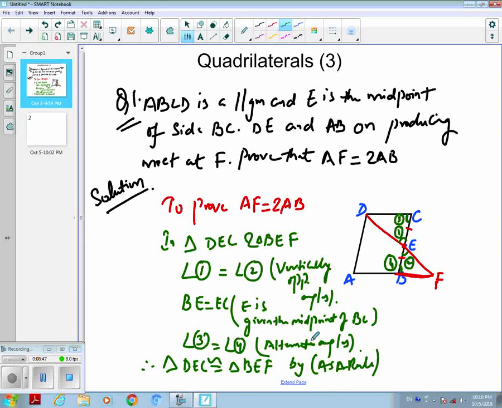So when these triangles are congruent, therefore, I'll complete it here itself, BF is equal to DC.